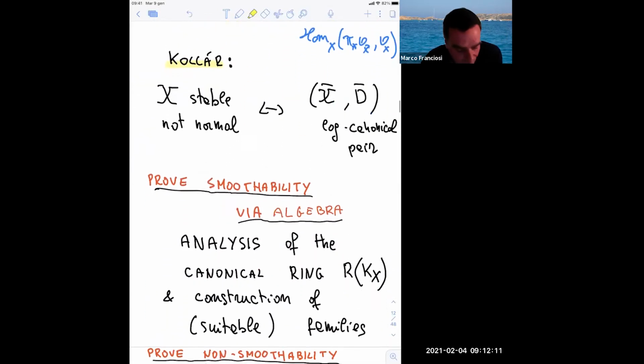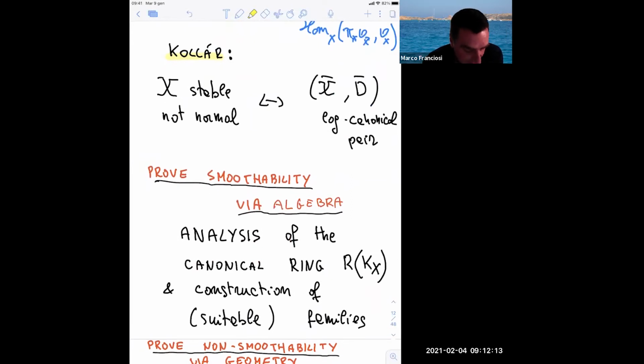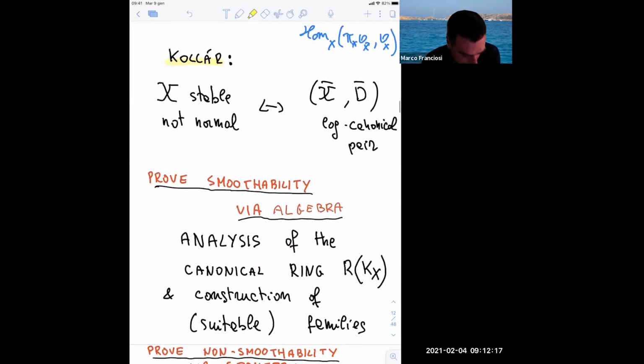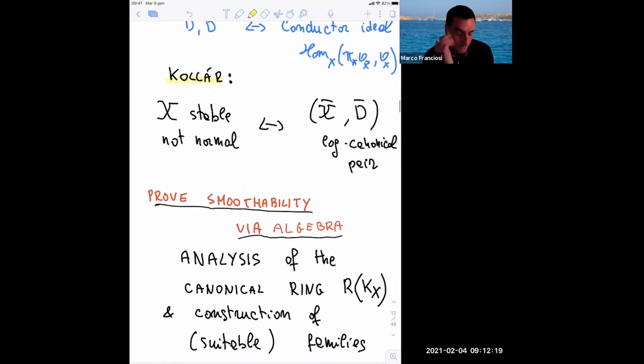So, in more general terms, how can we prove smoothability? Our approach is to prove smoothability by studying the canonical ring R(K_X).